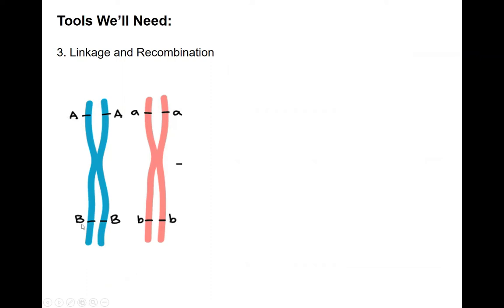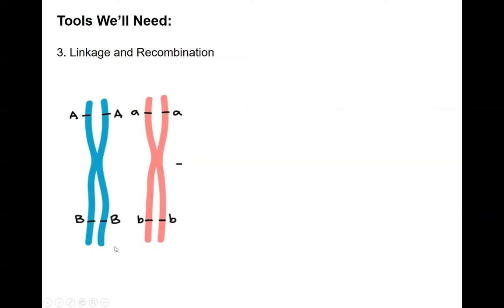And what we're going to be doing here is thinking about what that means. I think that probably just from principles of physics, it's pretty clear that as long as these are attached on the same chromosome, wherever the top half of this goes, you're going to expect the bottom to go with it. So we're going to be thinking about these sort of units, genes all in the same chromosome.